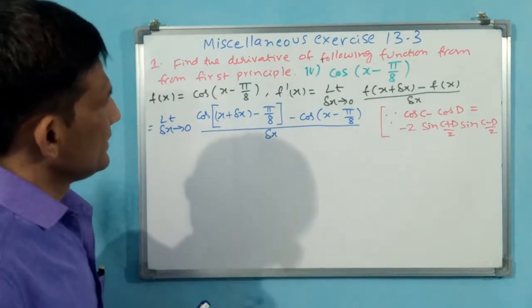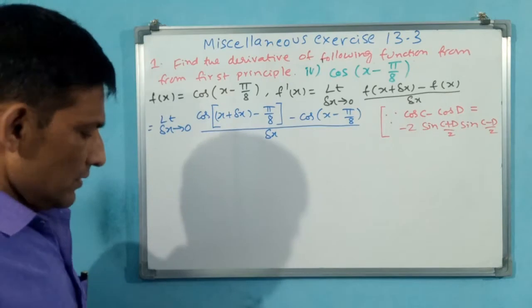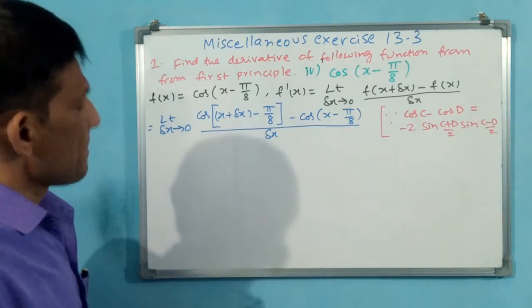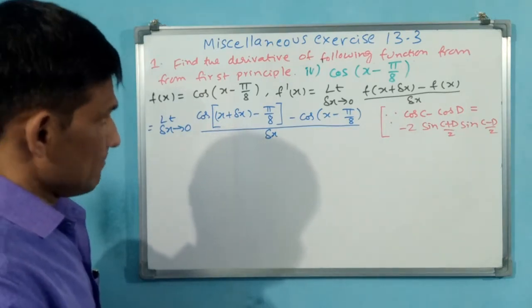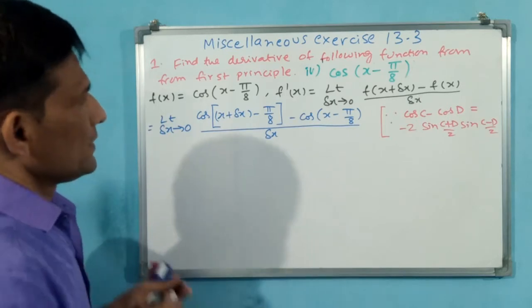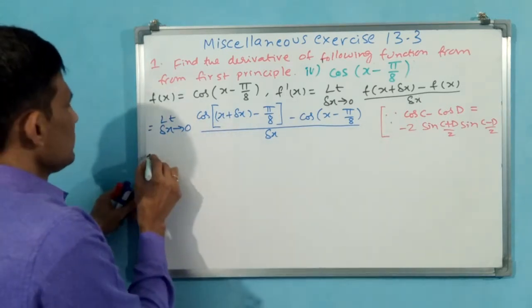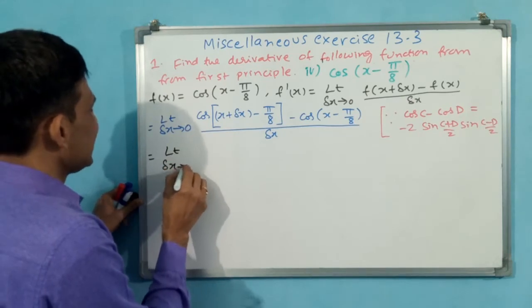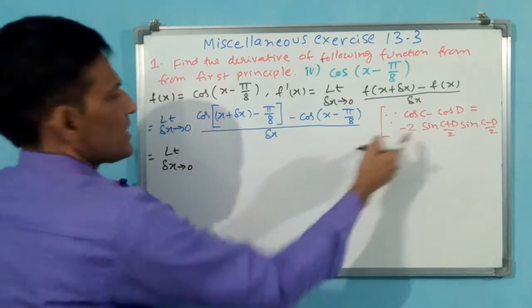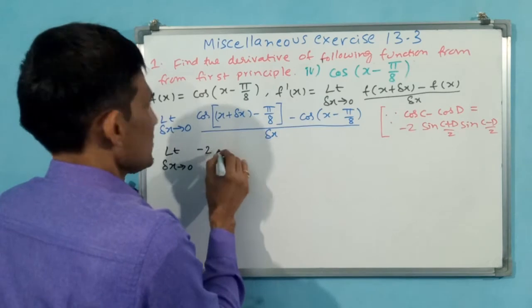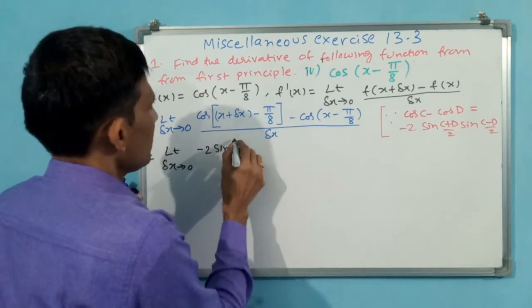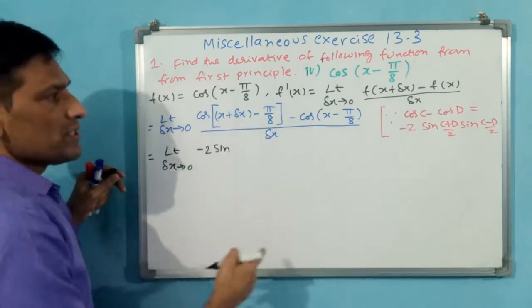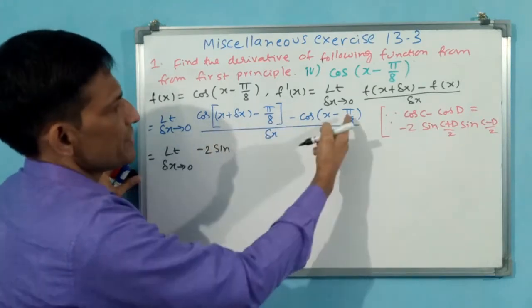Okay. Write down now. You see what I am writing. Minus 2. First of all, write limit x tends to 0, limit delta x tends to 0. Minus 2. Okay. Sin. Now here you see (c plus d)/2. How I am writing? C is this one, d is this one, plus.